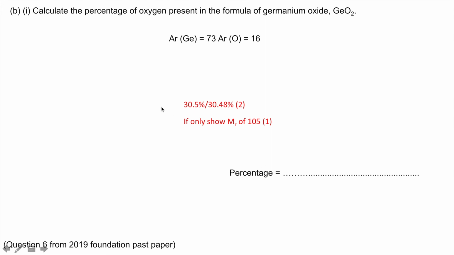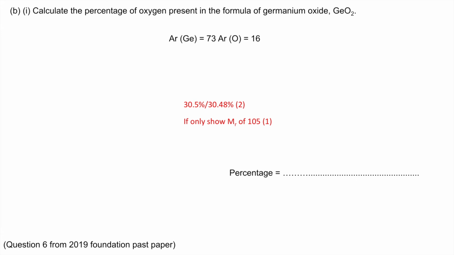Now, to calculate the percentage of oxygen present in the formula of germanium oxide, obviously you know the atomic mass of germanium, which is 73, and the atomic mass of oxygen, which is 16. And simply, 16 times 2 for 2 atoms of oxygen, which would be 32.